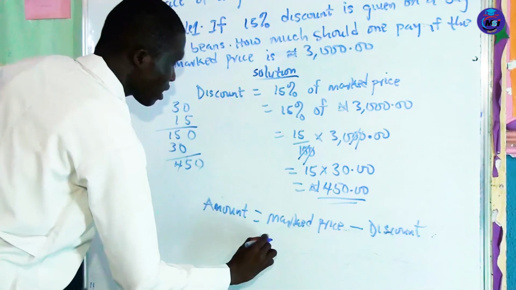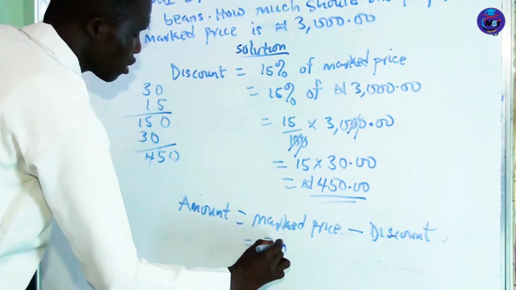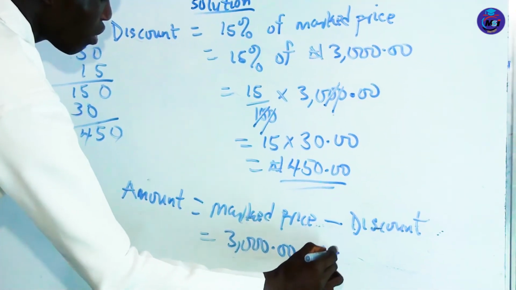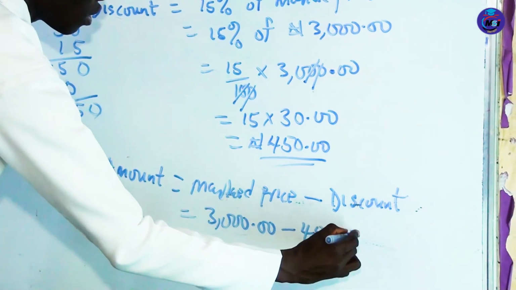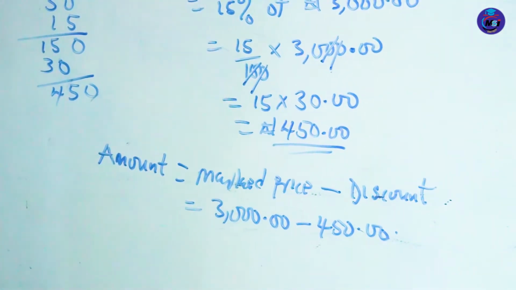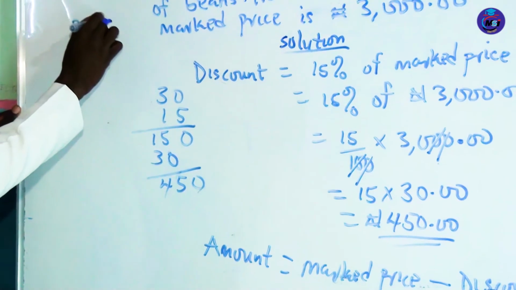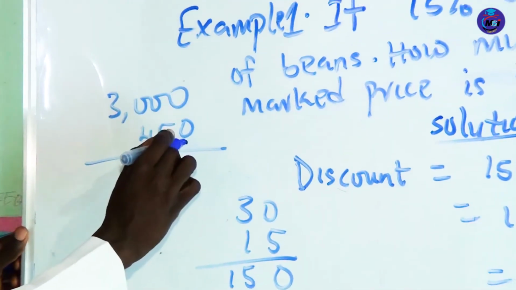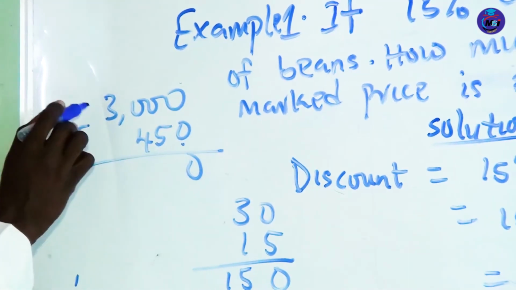Okay, what is mark price? 3,000 minus 450 naira. Let's quickly solve that. 0 minus 0 is 0.